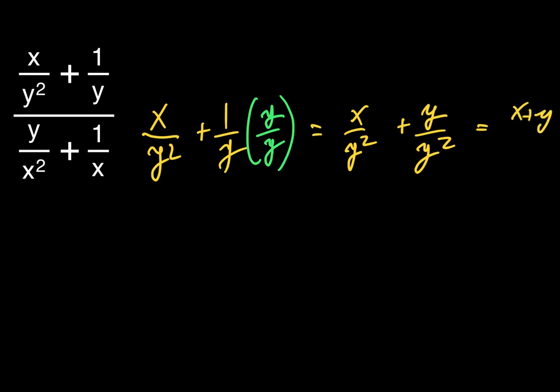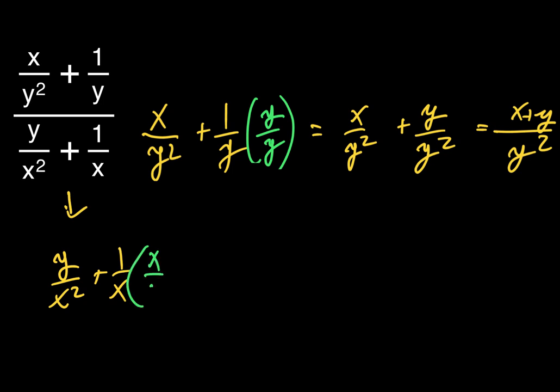X plus y over y squared. All right, well that's my numerator. I'm going to take this thing down here, y over x squared plus 1 over x. All right, different denominators, need to have same denominators. I'm going to multiply this by 1. It's a fancy looking one: x over x.